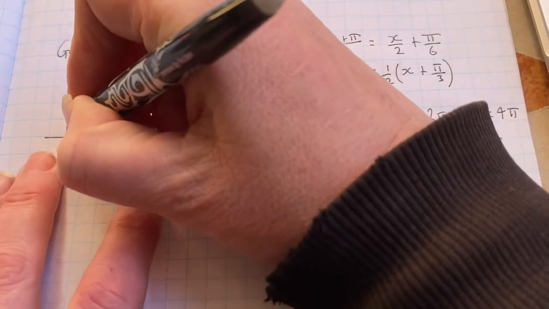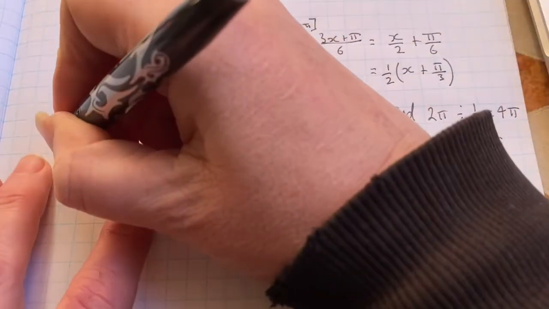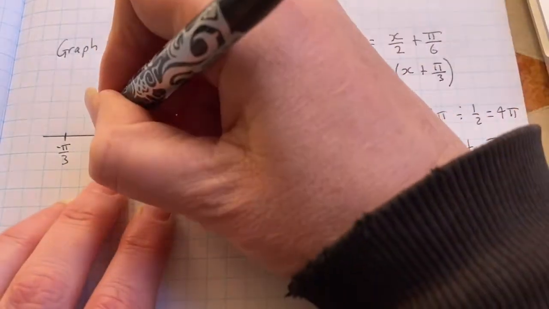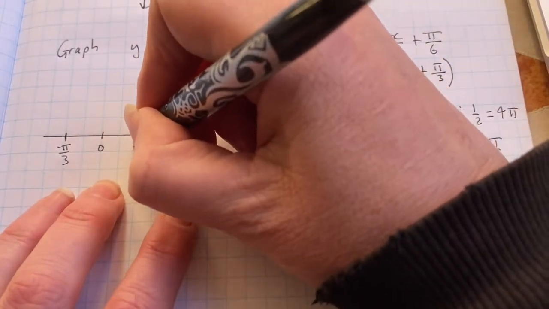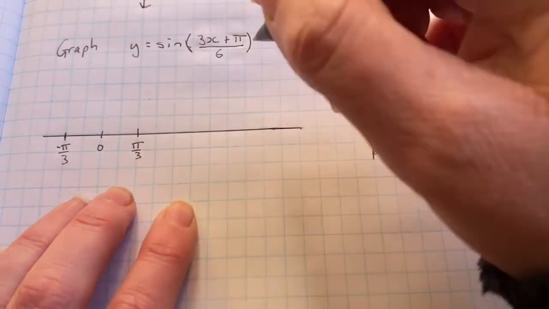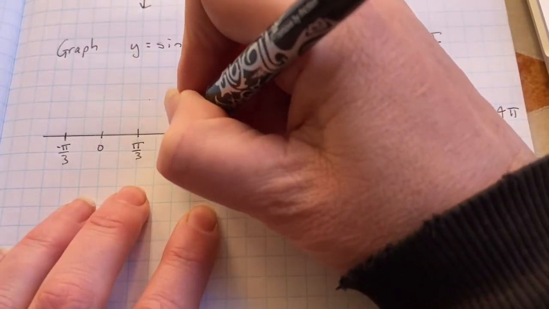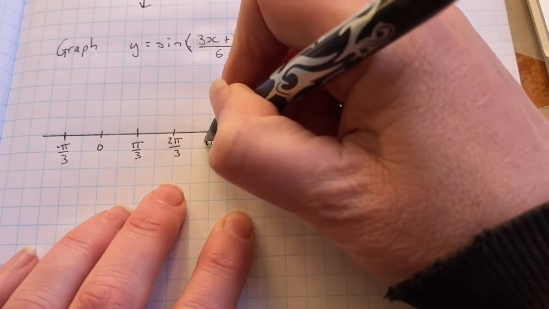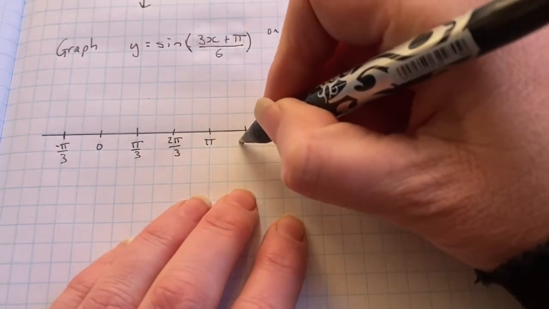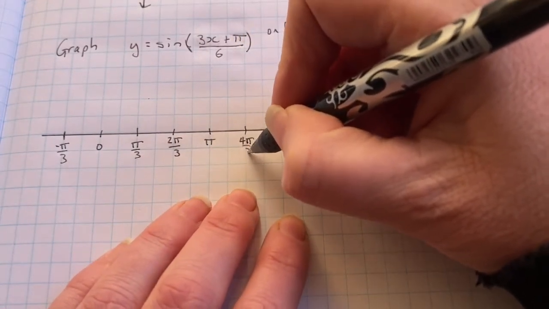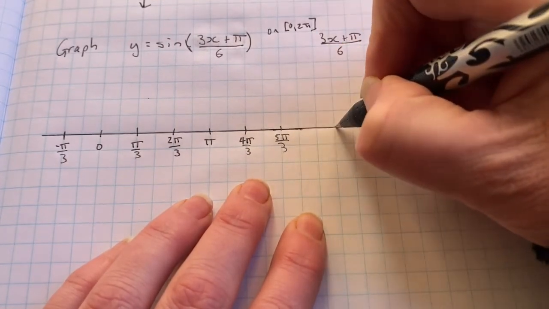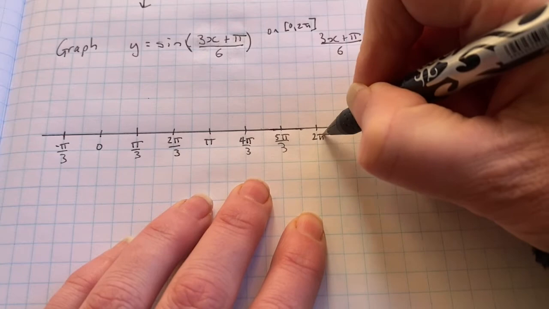So I'm just going to take note on here where negative pi on 3 is, even though I don't have to graph it to there. So this is going to be my 0, this is going to be pi on 3, 2 pi on 3, 3 pi on 3, 4 pi on 3, 5 pi on 3, and then 6 pi on 3, which is 2 pi.